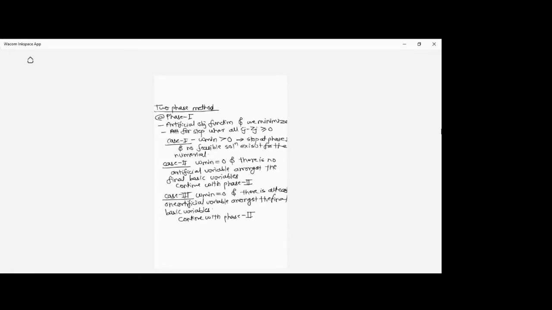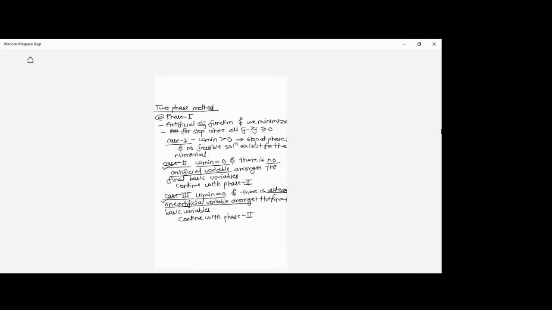What is the difference between your case 2 and case 3? You can see W minimum in both cases is equal to 0, right? In case 2 there is no artificial variable, so it is okay. But a serious case occurs when W minimum is equal to 0 and at least one artificial variable is there.